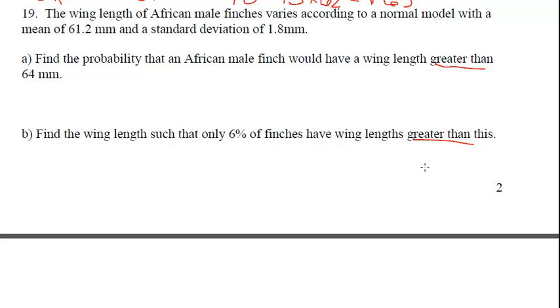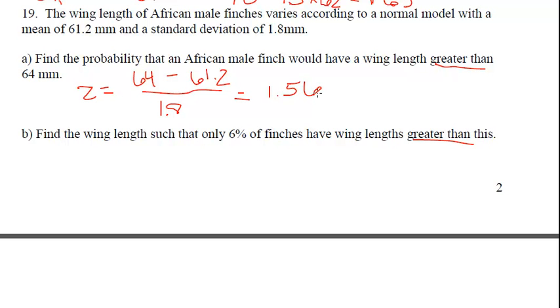So I could calculate my z-score for that. Z is going to be equal to 64, my value for x, minus 61.2, divided by 1.8. That's equal to 1.56.